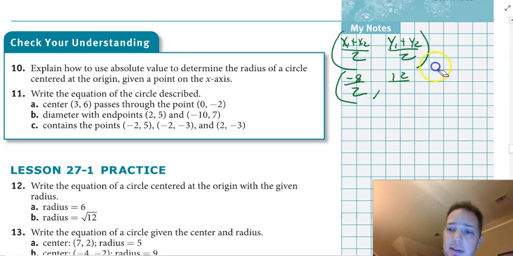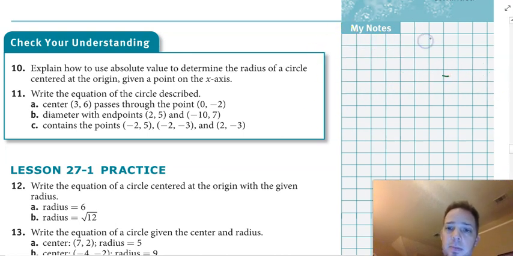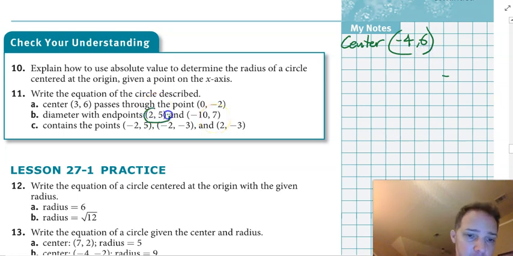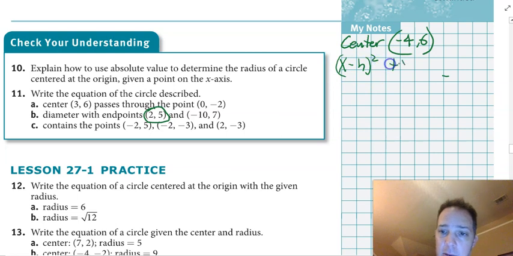So now that I know the center, I should be able to figure out the radius by plugging in a point and the center into the equation x minus h squared plus y minus k squared equals r squared. That way I'll be able to solve for r.